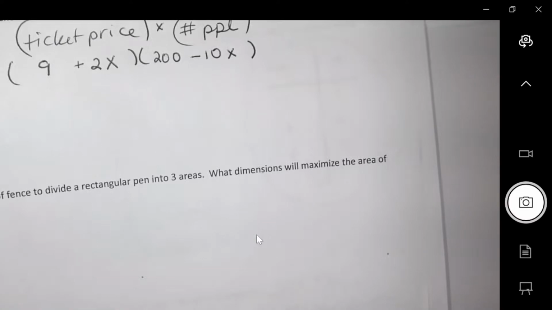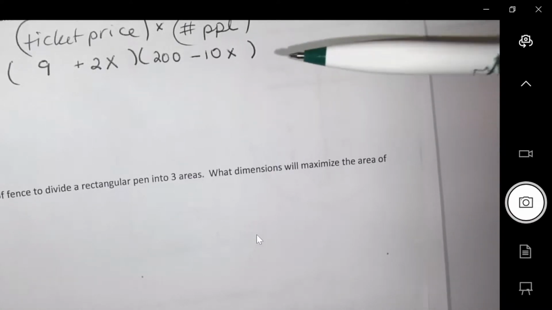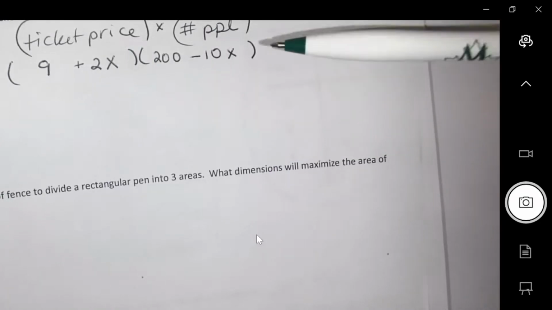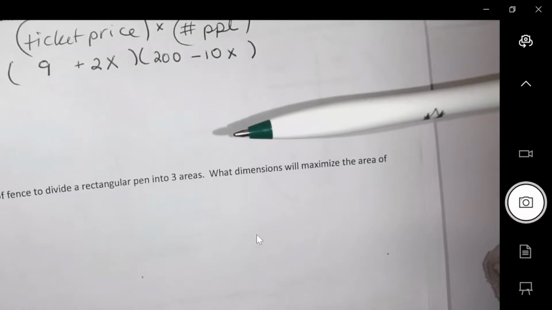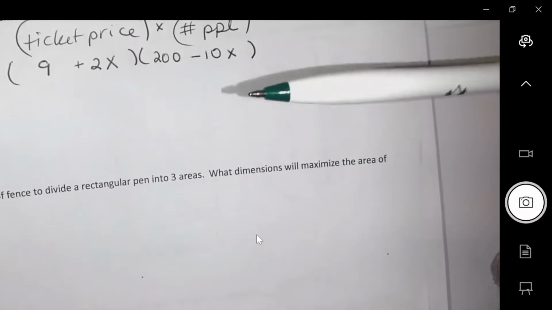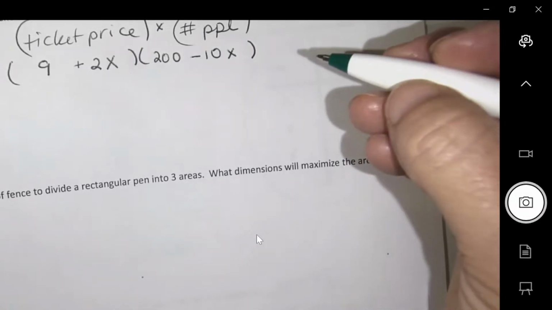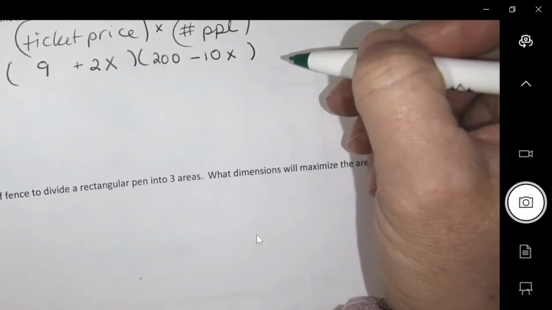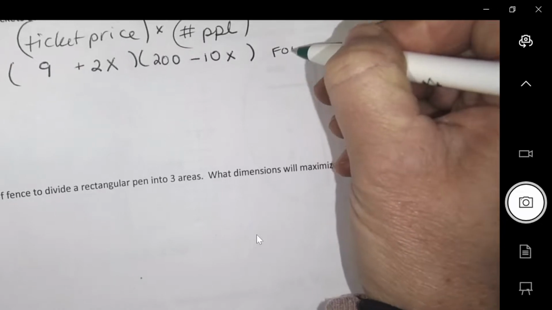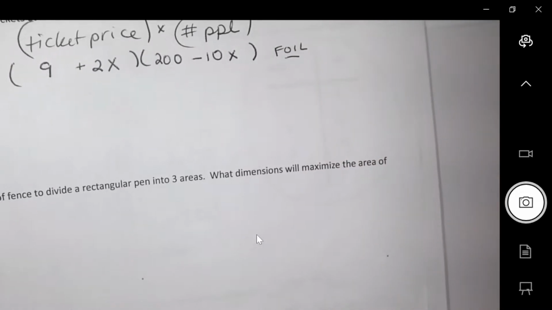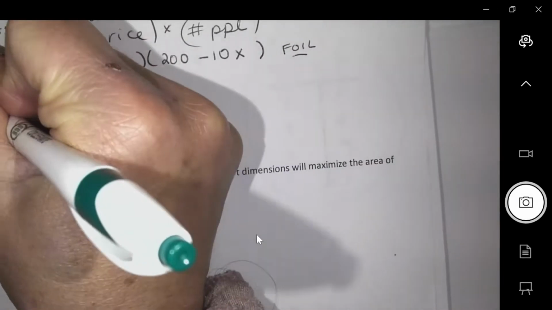You know how to go from here. You know all the math stuff. So what would be the next math maneuver if you saw something that looked like this? Just generic math maneuver: simplify it. What's the specific thing that simplifies this? Foil it. So that means I'd have to foil this out.